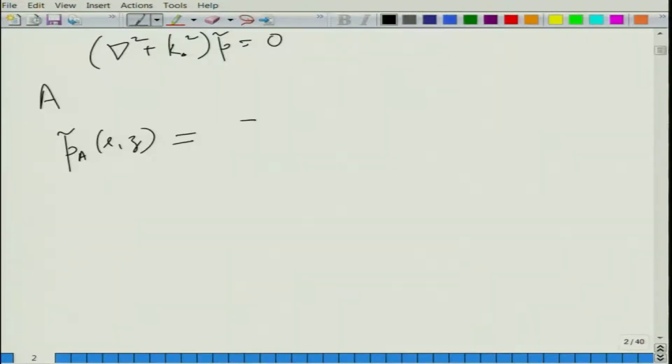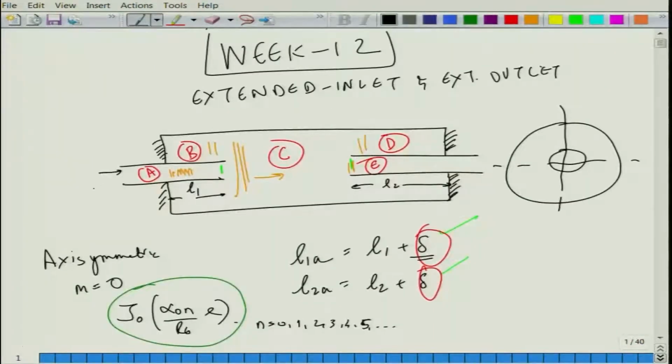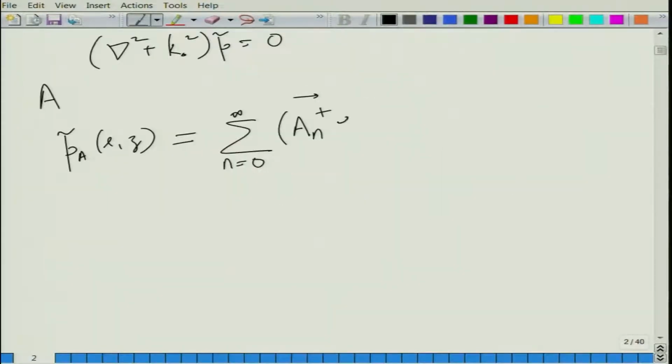So, this will become the sum over n equal to 0 to infinity of a_n plus. So, a_n plus means the wave that propagates along the positive direction, and a_n minus, you will see, will be the wave that propagates in the negative z direction, and we will follow that convention for all the regions.